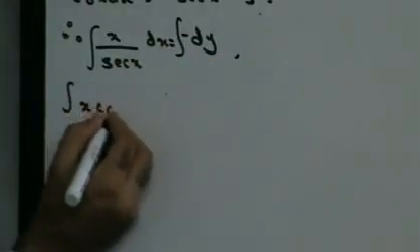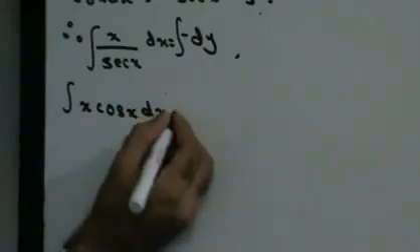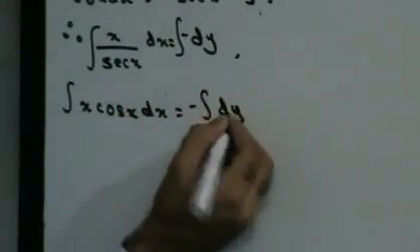X together, y together, integrate. So integrate this and integrate this. You will get integral of x cos x dx is minus integral of dy. Now this is going to be parts where x is algebraic and cos x is trigo.